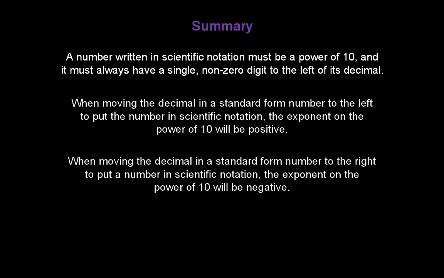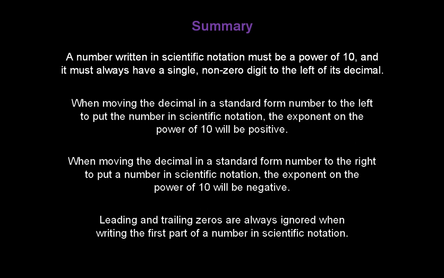When moving the decimal to the right, the exponent on the power of 10 will be negative. And don't forget, leading and trailing zeros in original standard form numbers are always ignored when writing the first part of a number in scientific notation.